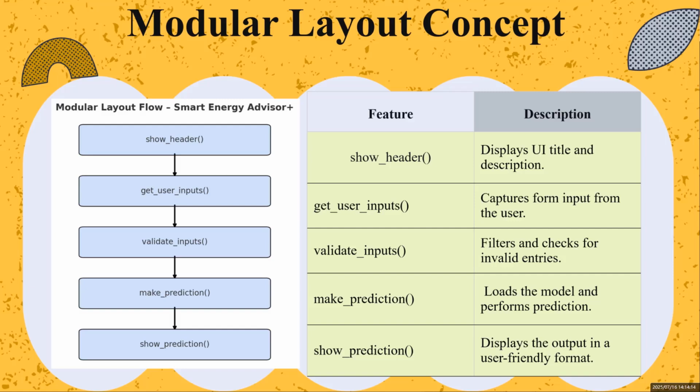Then we load the model and perform prediction, carried out by the make prediction function. And lastly, we display the attribute in a user-friendly format, carried out by the show prediction function.